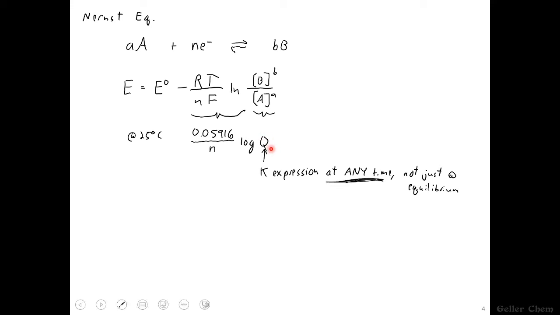And so Q is where our concentration effects on voltage come into play. If we were not at standard state, we would have to plug in the concentrations into here, then solve for the log, multiply by this, and then whatever we get as a result is subtracted from our standard state voltage, which we would look up, and then we learn the true voltage of the cell under those concentrations.